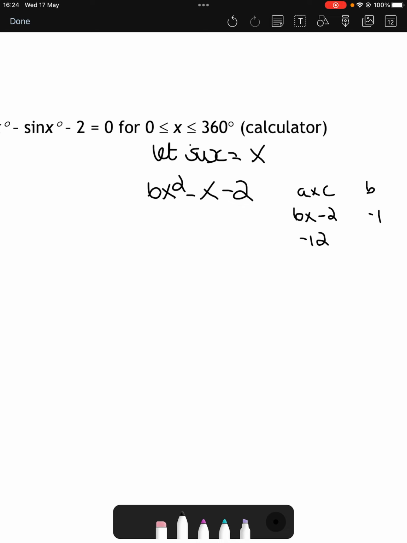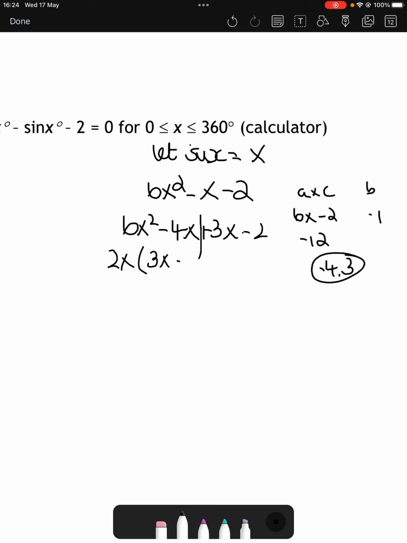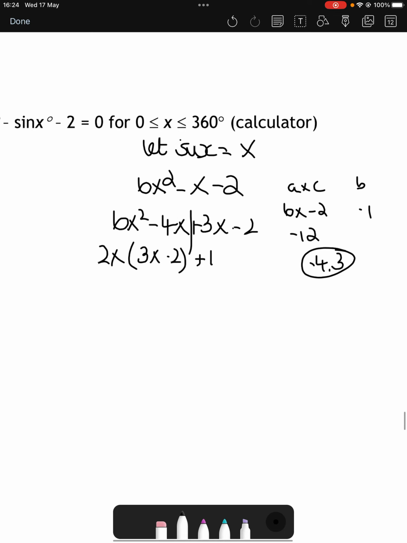So two numbers that multiply to make negative 12 and add to give negative 1 are negative 4 and 3. We'll sub them in, split it up, common factor. So we have 2x plus 1, 3x minus 2.